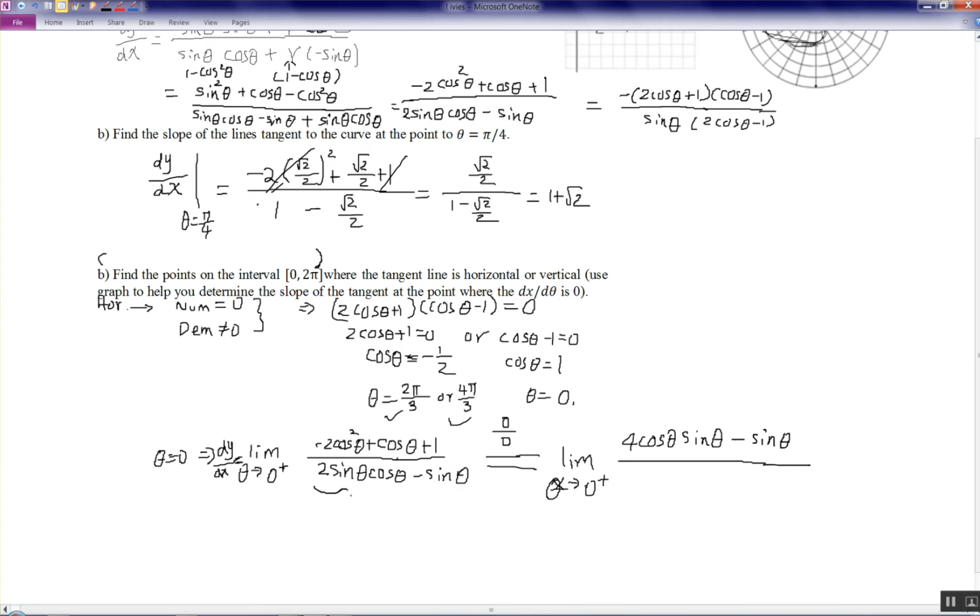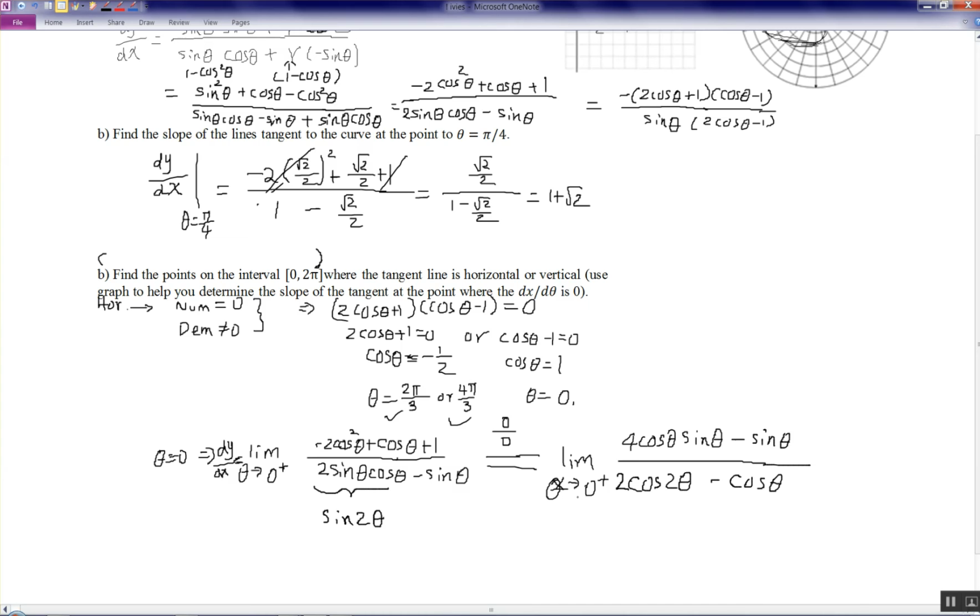And the bottom, like I said, you could either use the product rule, or the shortcut is to think of this as sine 2 theta. The derivative of sine 2 theta is going to be cosine 2 theta times 2, the derivative of the inner, which is 2. And then minus the derivative of sine, which is cosine theta.